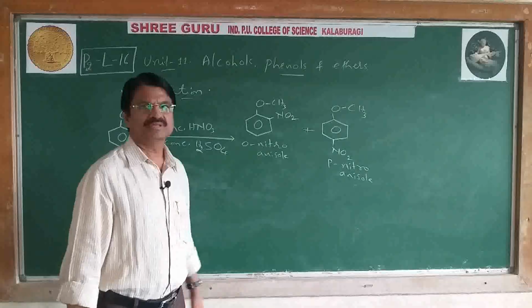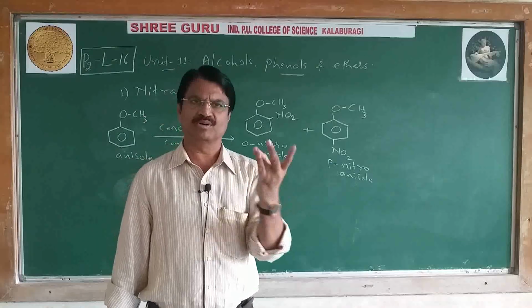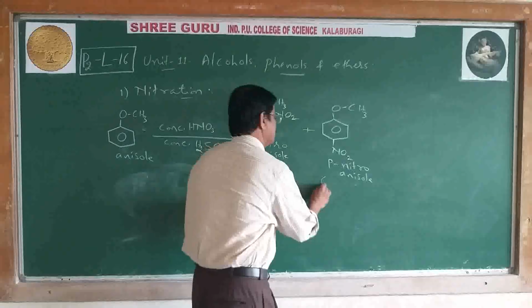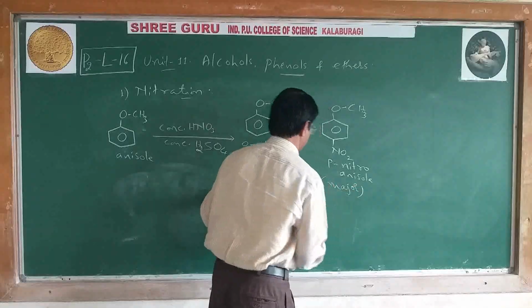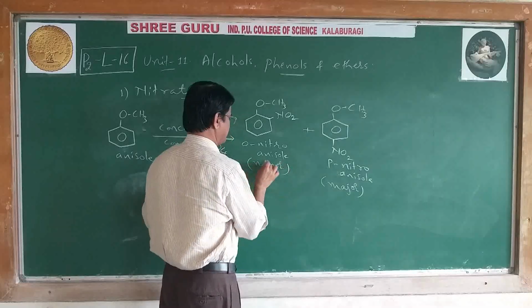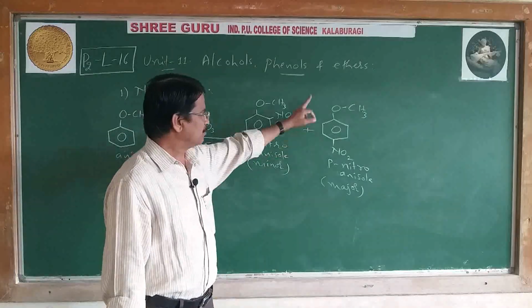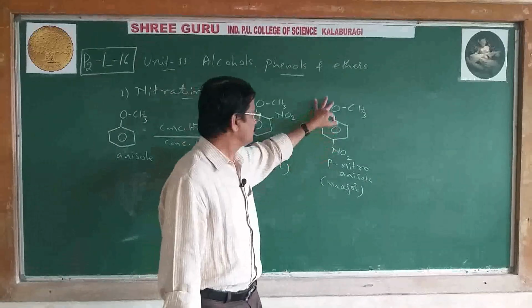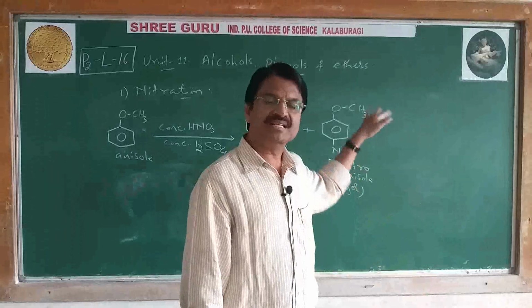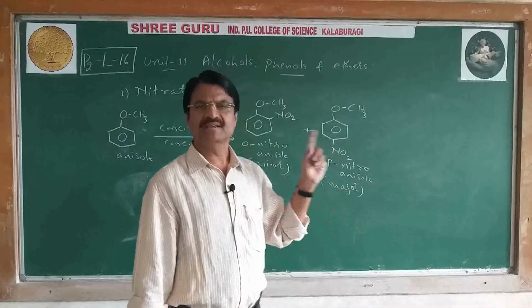Among the 2, as covered in the topics haloarenes and phenol, the para product is always in higher yield, therefore it is the major product, and the ortho one is the minor product. The para product is major because of its symmetrical nature. If the molecule is symmetrical, stability is more, hence yield is also higher. Higher the stability, higher the yield.